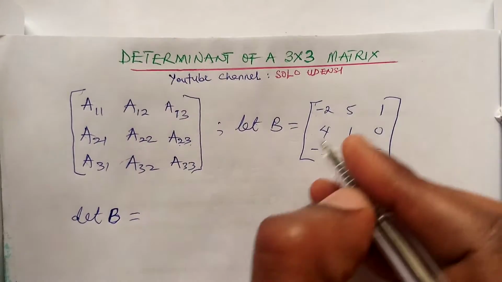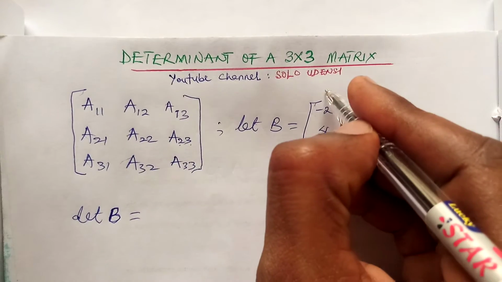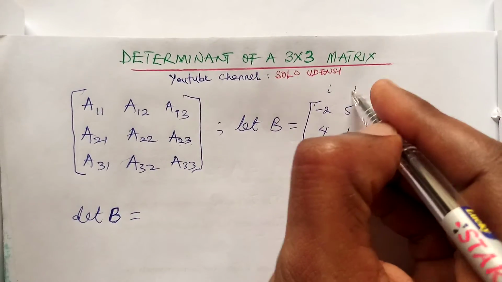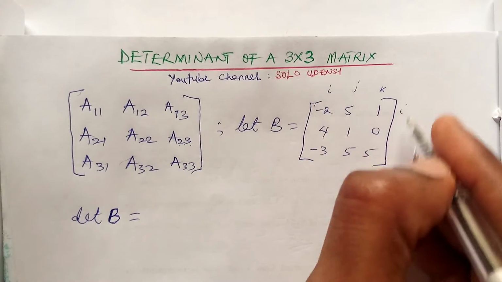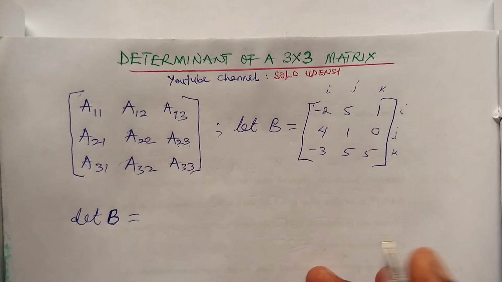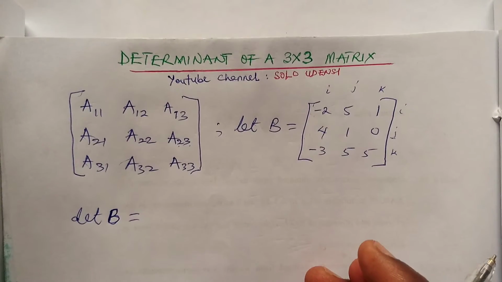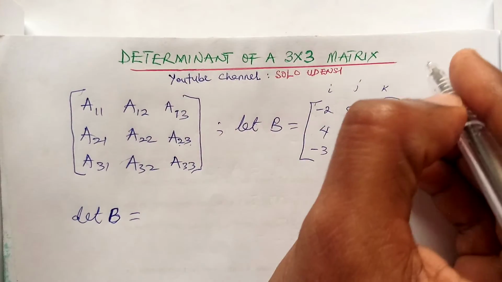What I usually like to do is to label the entries this way and this way, so that I can call this one IJK and call this one also IJK, so that whenever there is a rearrangement of rows, then we know that it is -1.